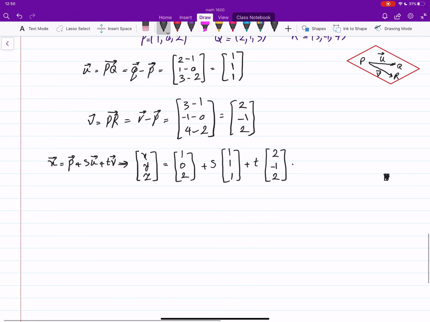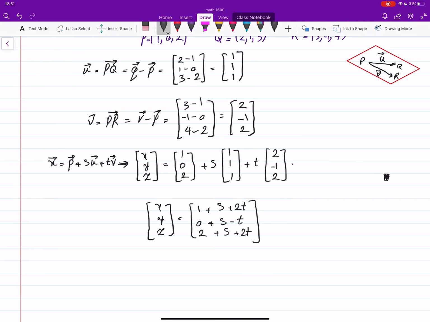And again, like before, you can expand this and write X, Y, Z equal to 1 plus S plus 2T, 0 plus S minus T, and 2 plus S plus 2T.